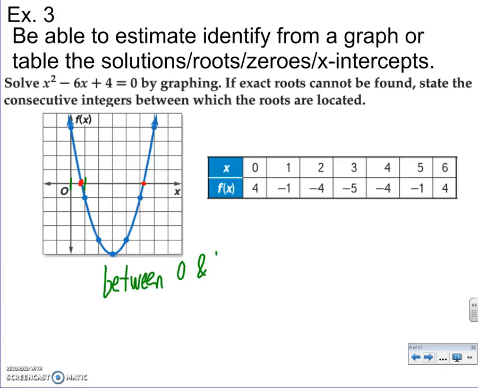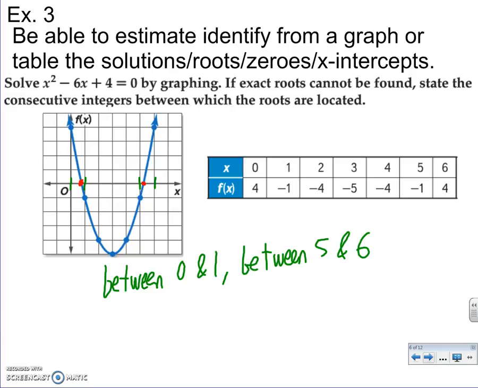And the other x-intercept is over here. That's between, let's see, 5 and 6. So be able to look at a graph and figure out which two numbers it is between.